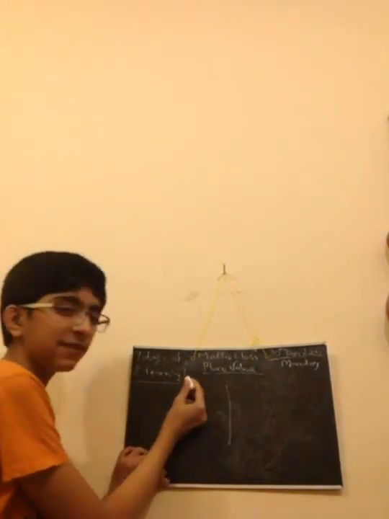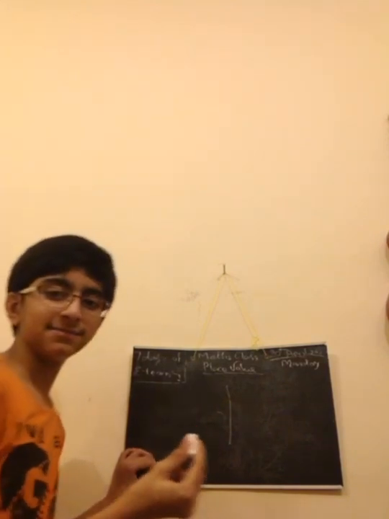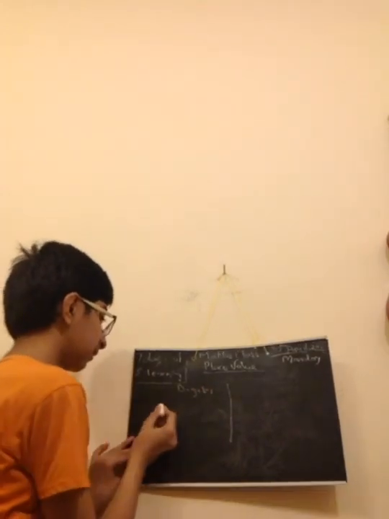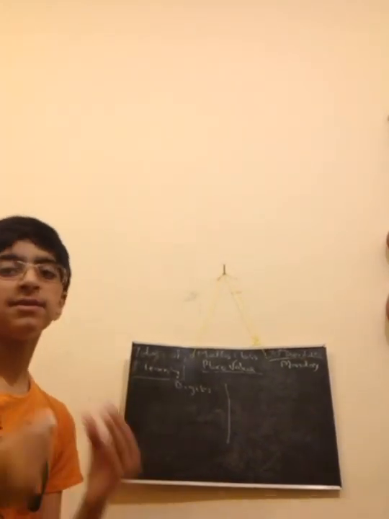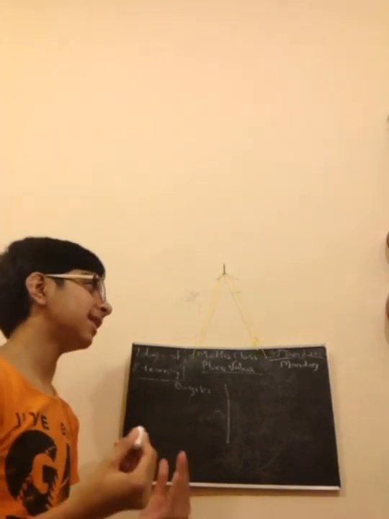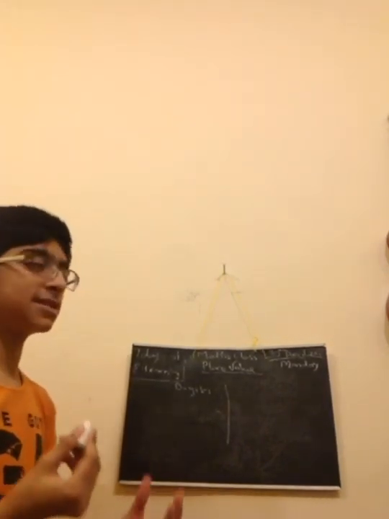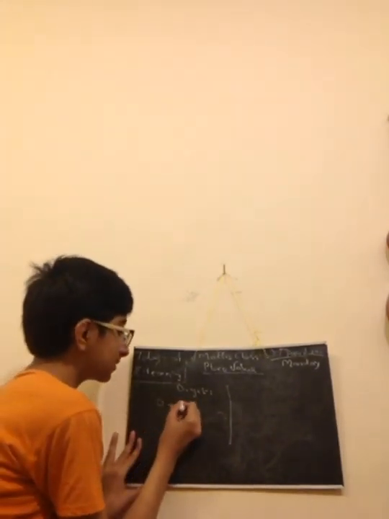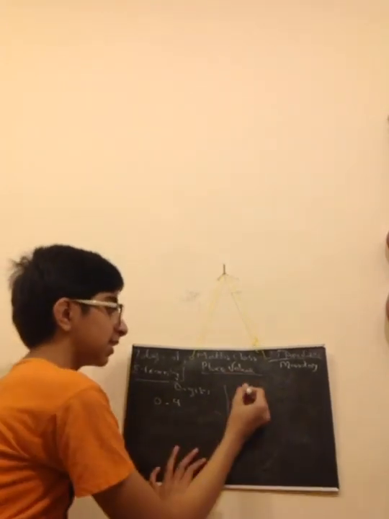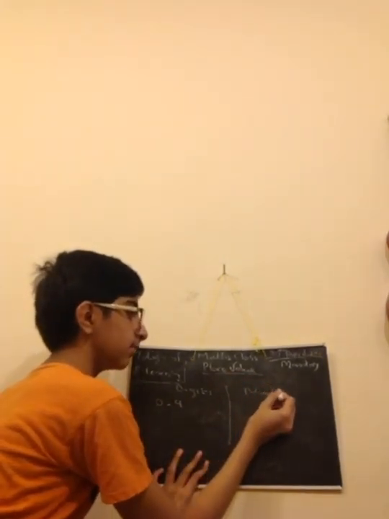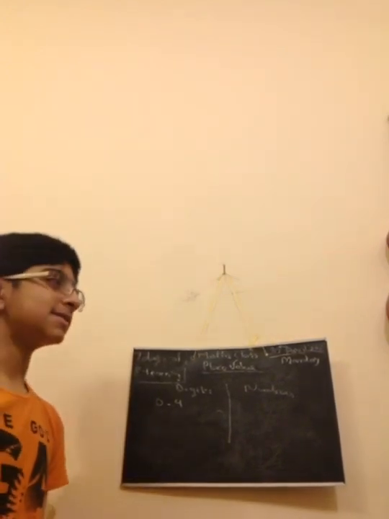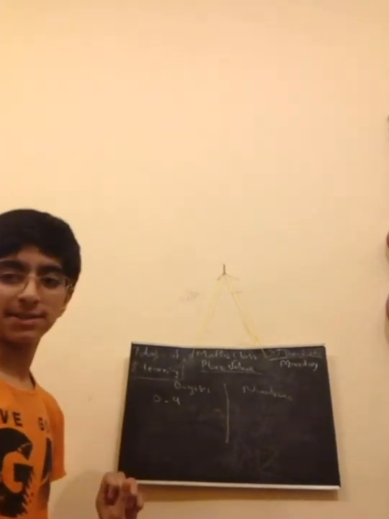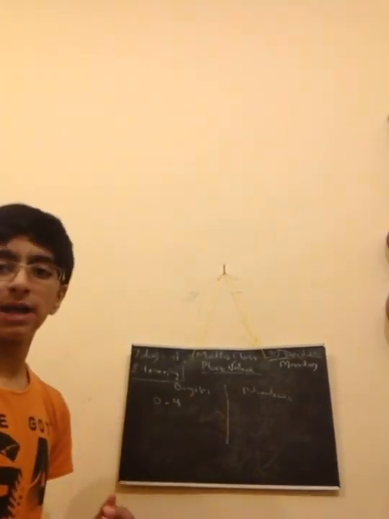First, let me explain the difference between digits and numbers. So, first, digits. These are the simple numbers which you study in kindergarten, which start from 0 and end at 9. These are called digits. Now, what are numbers? Numbers are basically combinations of these digits which range from 0 to 9.